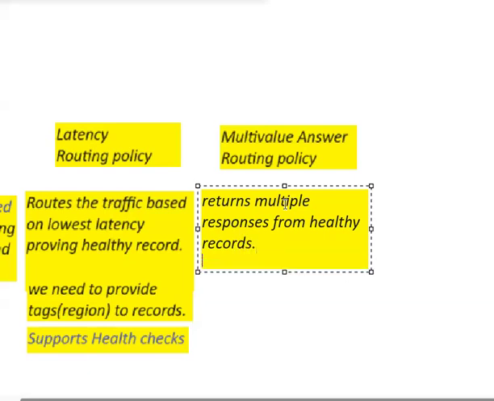So in this, how many IP addresses will the healthy records send, sir? Actually, if you use this multi-value answer routing policy, then up to 8 healthy IP addresses will send you the response back.